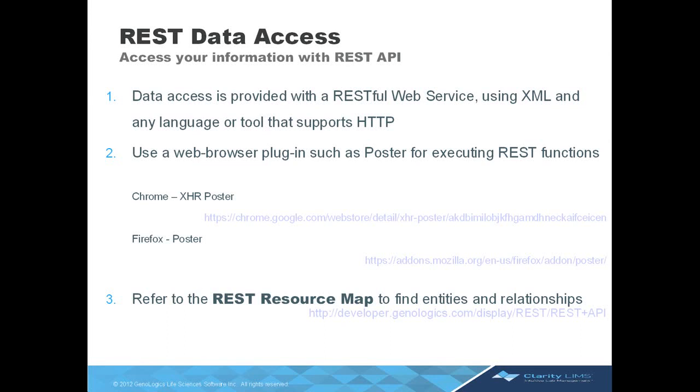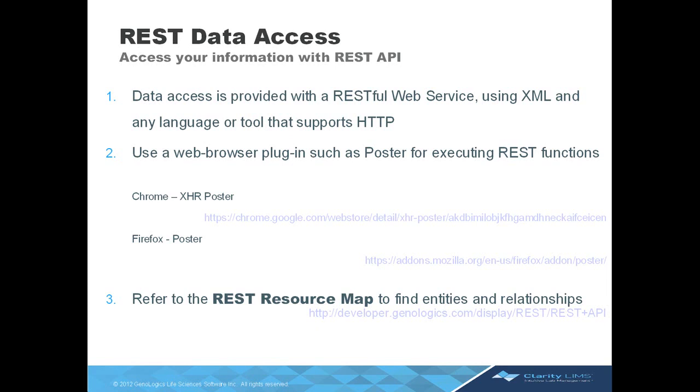So that's neat because some of the operations we want to do we can actually test out or play with in advance just using a web browser. So that's great for getting information. If we want to put information back, then we need to use a web browser plugin such as Poster. So if you're using Google's Chrome browser, there's a version of this called XHR Poster, and there is the link, although you should be able to go into the App Store and find it.